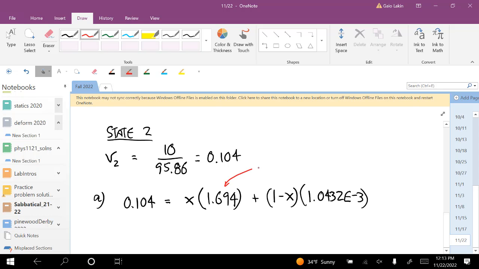These are both just from the table. And you can calculate that the quality is 0.0608.